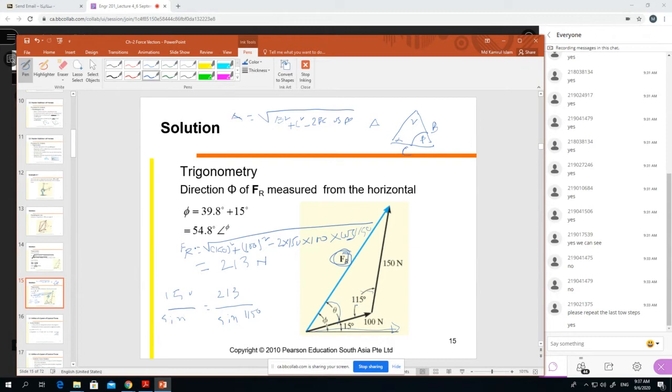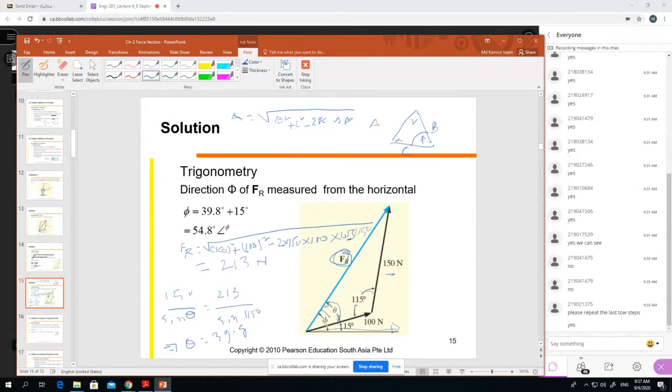So 150 divided by sine theta; we want to calculate sine theta. If you calculate, you will get theta equal to 39.8 degrees. This is the angle from here to here.